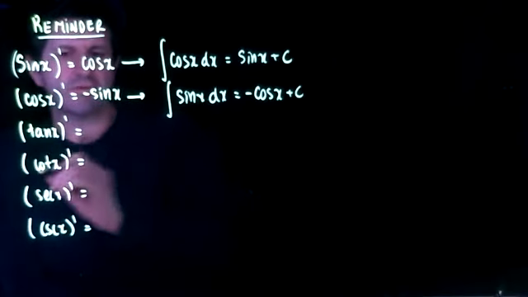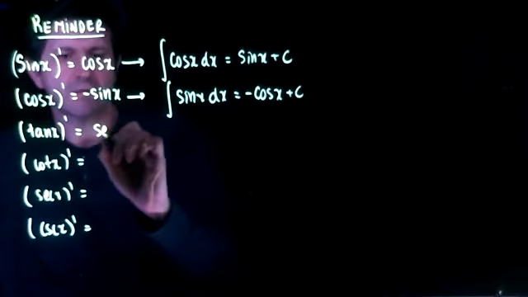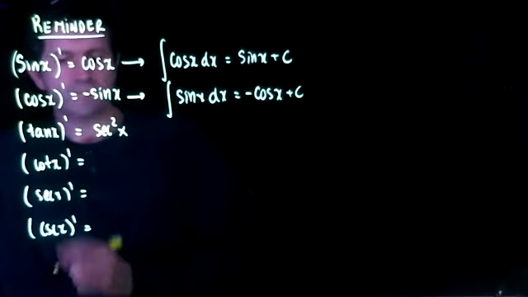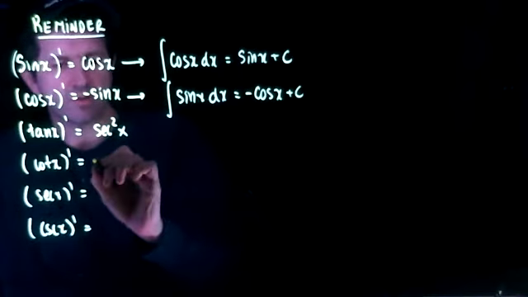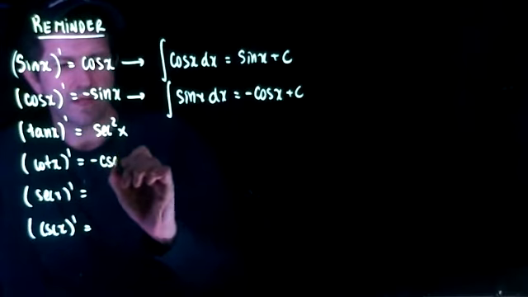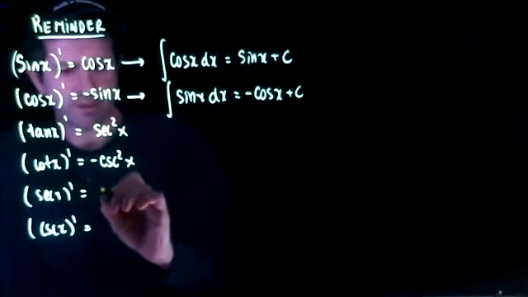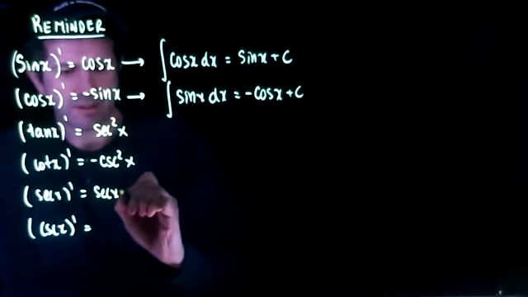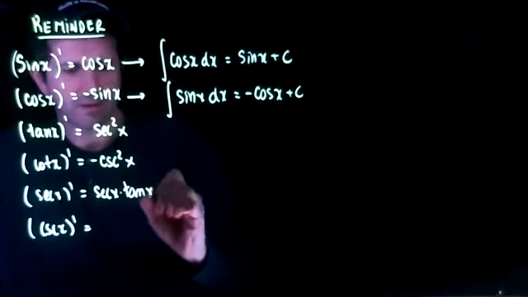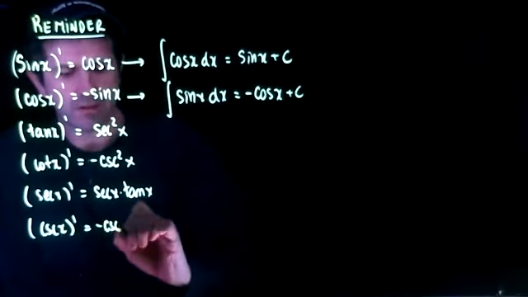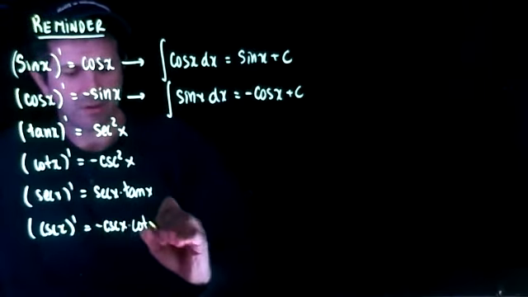The derivative of tangent was, if you remember, secant squared x. The derivative of cotangent was negative cosecant squared x. The derivative of secant is secant times tangent. And the derivative of cosecant is negative cosecant times cotangent.